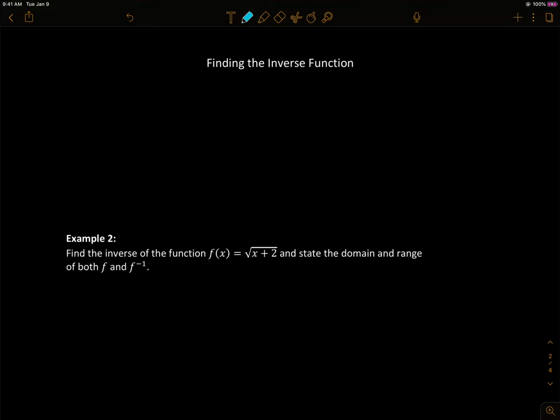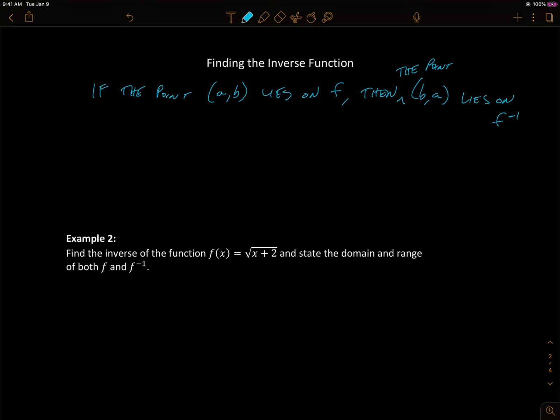So if we think about how we just did it graphically, if the point AB, just recall what we said, right, lies on the graph of F, then the point BA lies on the inverse, or F prime, F prime, that's calculus, F inverse, all right?